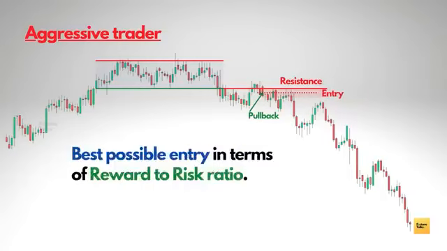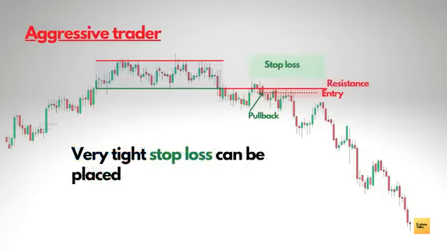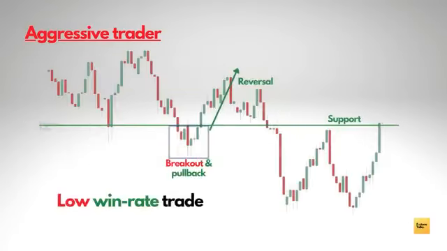Using an aggressive trade entry, you may be able to enter at the best possible prices, as this point can often mark the extreme point of the correction wave and the pullback phase. So the potential reward to risk ratio is highest following such an approach because the stop loss can be placed very tightly. But the major drawback is that you enter a trade against the price direction without any confirmation.